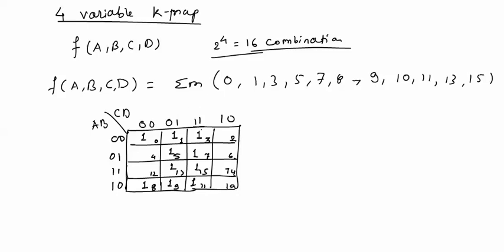Now there are 8 ones adjacent to each other, so there will be a combination of 8 which is called an octet, and there will be a combination of 4 ones.